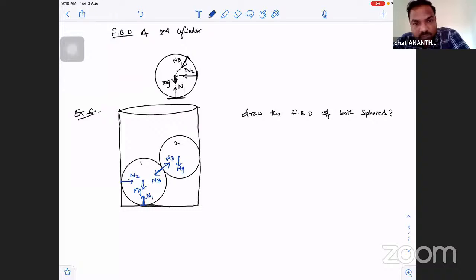Some people are saying it's perfect. Voice is clear. Okay. See, what I'm saying is, the second sphere is applying some force on the first. This first also will apply the same force on the second. Adil, is the audio clear?